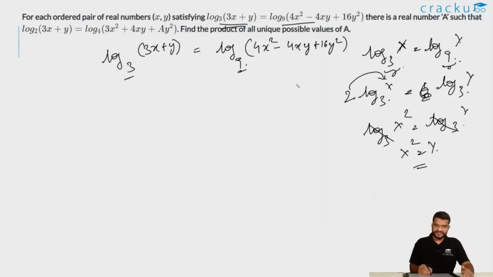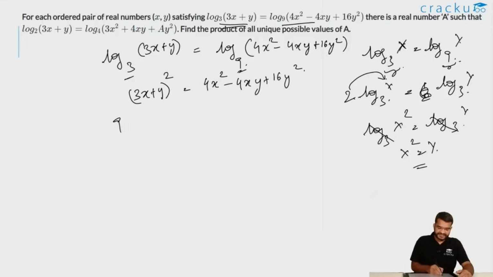So as we have discussed earlier, this would imply that 3x plus y whole square is equal to 4x square minus 4xy plus 16y square. Or you can simplify this as 9x square plus 6xy plus y square is equal to 4x square minus 4xy plus 16y square.